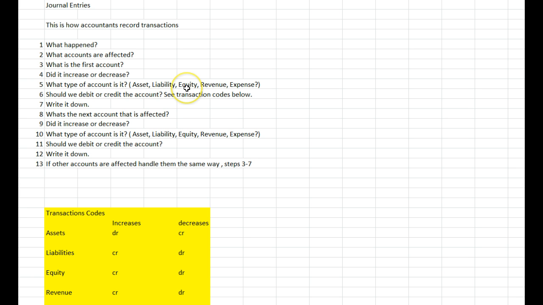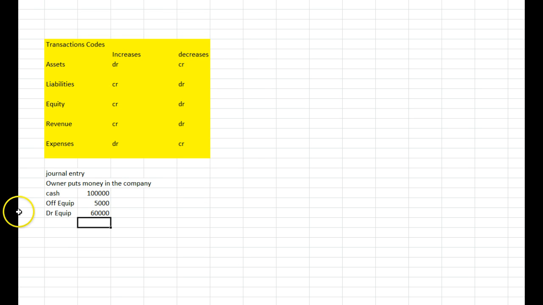Common stock is an equity account. Should we debit or credit it? Well, it increases the equity of the company. It's an equity account, so equity increase, that's a credit. All right. So we're going to jot that down in our example. So stock, credit. Credits go on the right.